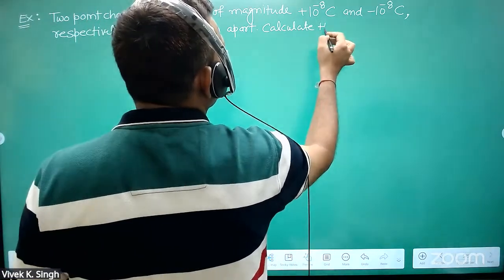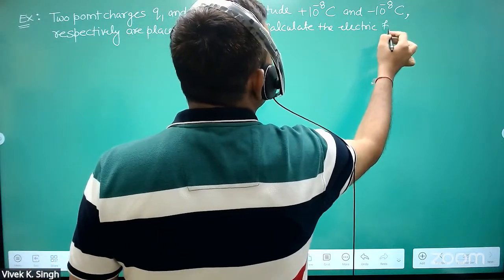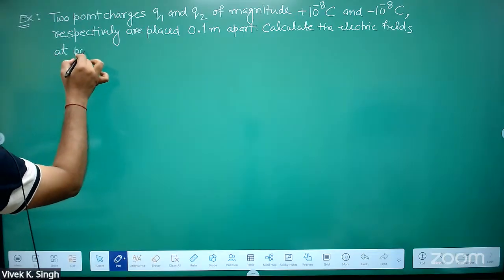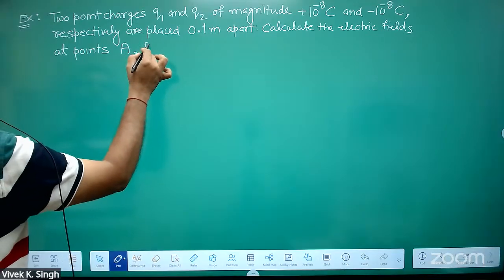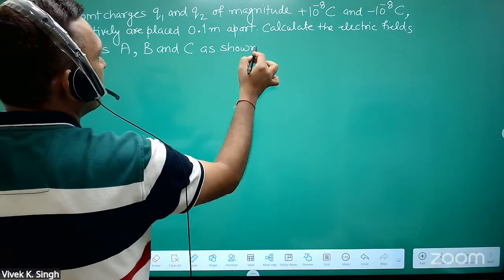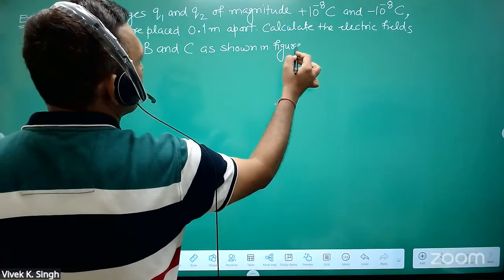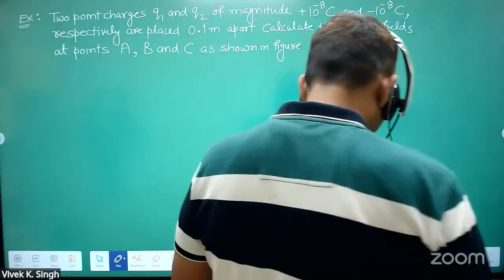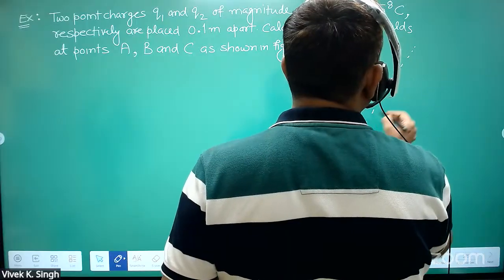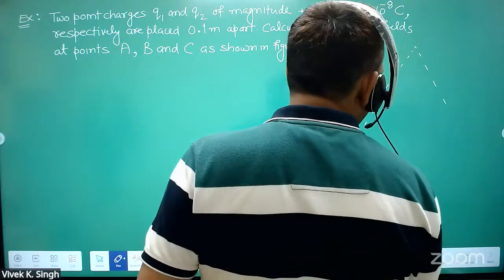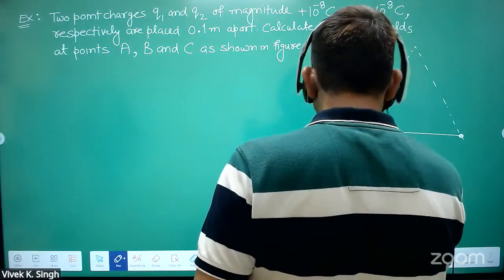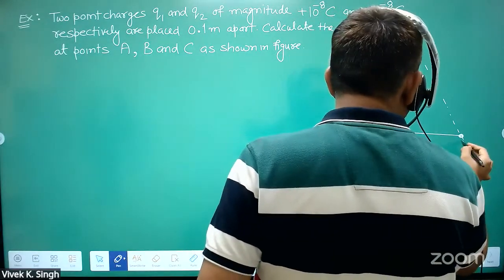Okay? So let's draw the figure first. This is one charge, this is another charge. This is Q1 and this is Q2.